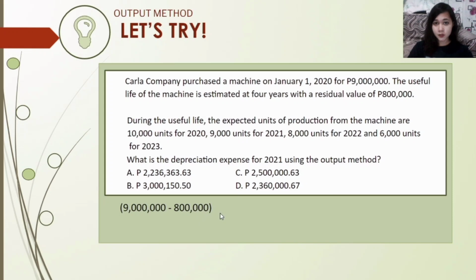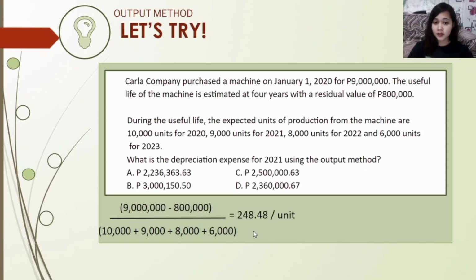Again, the depreciable amount is cost less residual value. The cost is 9 million, the residual value is 800,000, over the total estimated output over the life of the PPE: 10,000 for 2020, 9,000 for 2021, and so on.